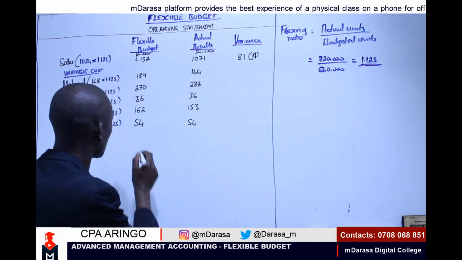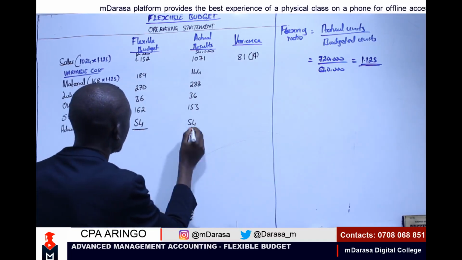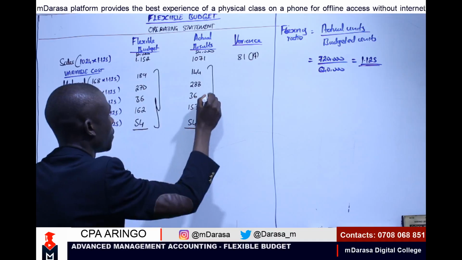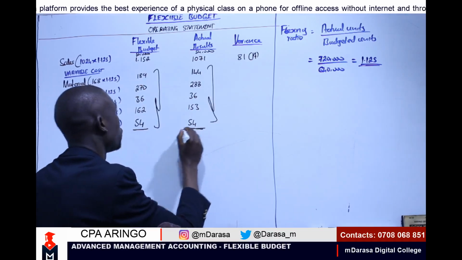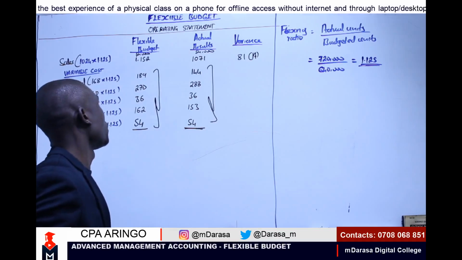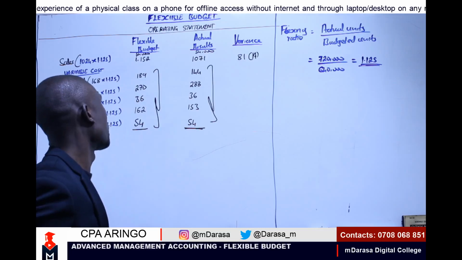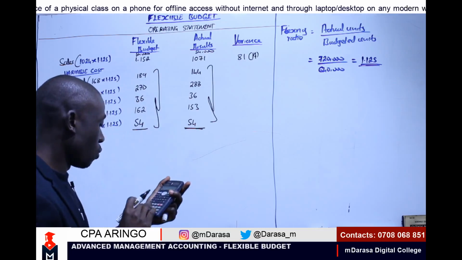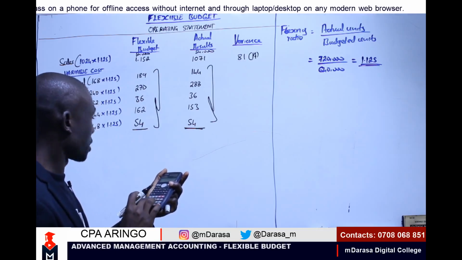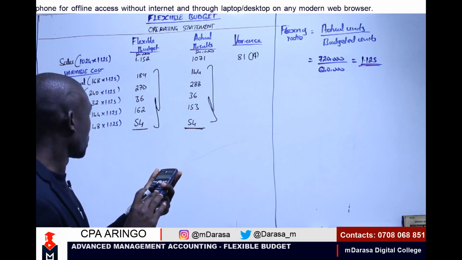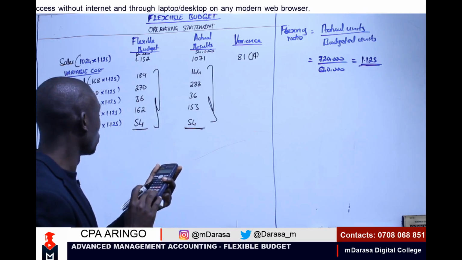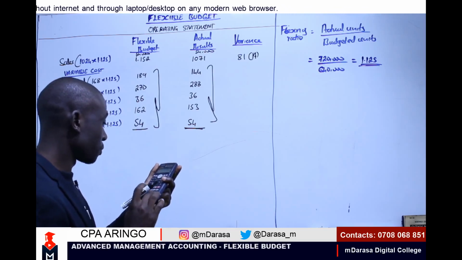So confidently we can come and determine our total variable cost. The first point here, we should be having how much? I should be talking of 189 plus 270, plus 36 plus 162 plus 54.